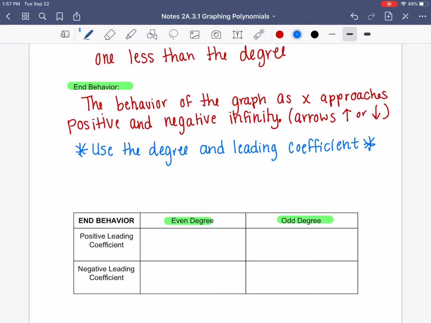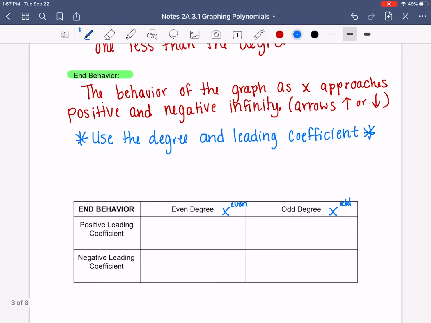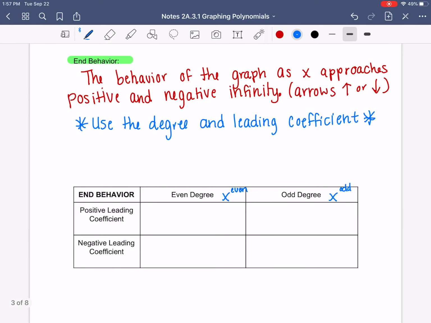So, is it an x to the power of an even number for your degree, or is it an x to the power of an odd number? You might want to pause and write down this little table real quick. And then, is the leading coefficient positive or negative, like ax to the power of something, or is it negative ax to the power of something? Is your leading coefficient positive or negative? That's what we care about.